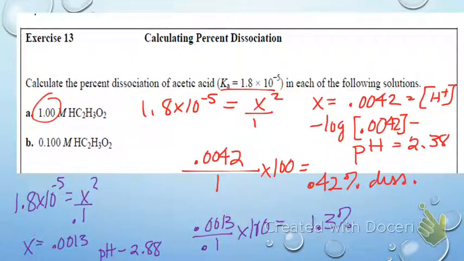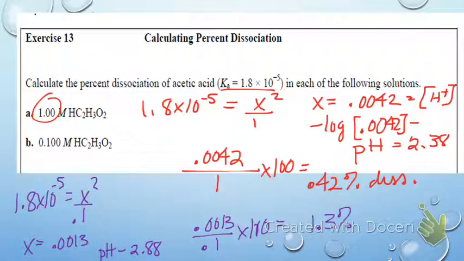So something that could show up on a multiple choice question is that the lower your concentration, you actually get a higher percent dissociation. That was the difference between 1 and 0.1, and we went up quite a bit on our percent dissociation. Still very small, but definitely an increase. So that's a quick and easy multiple choice question.